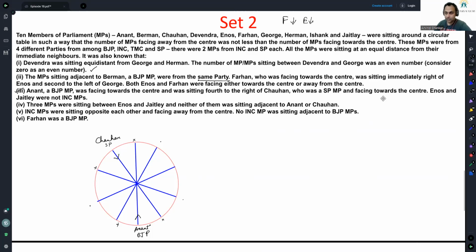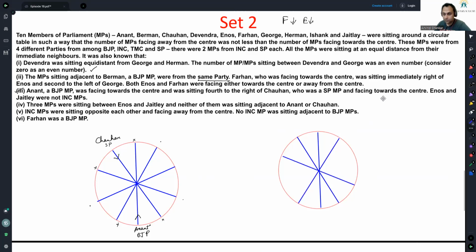So wonderful. I will have to create another circle now. Life is so irritating. Okay. Things that I'm sure of: Chauhan, SP, and Anant, BJP.